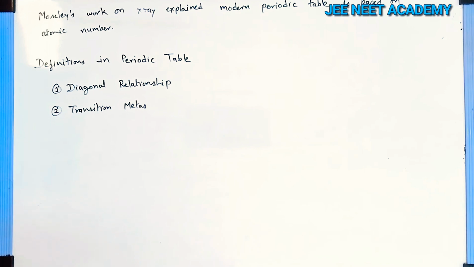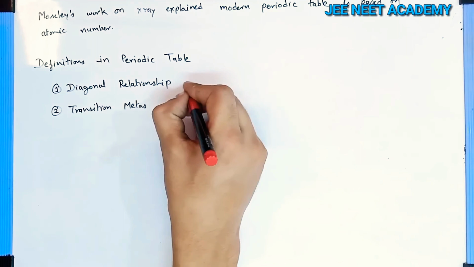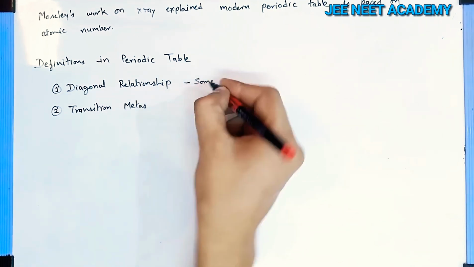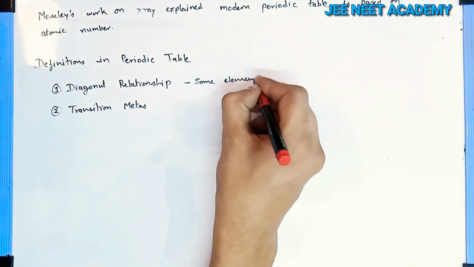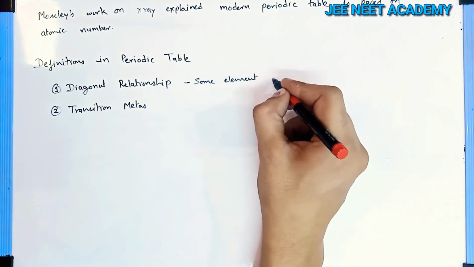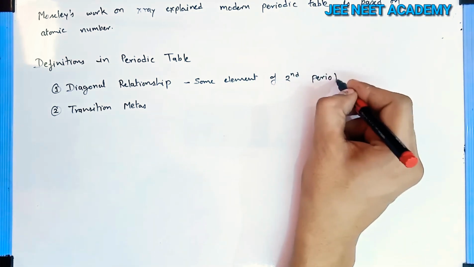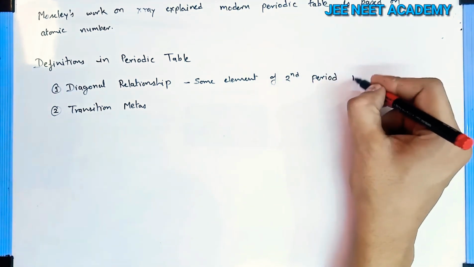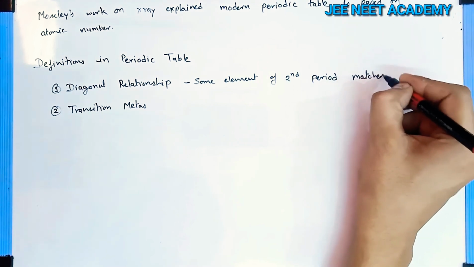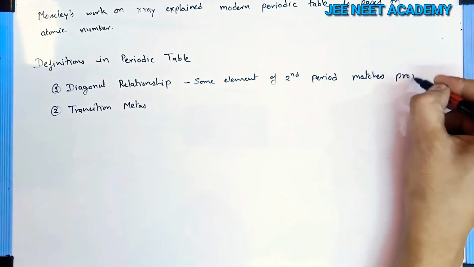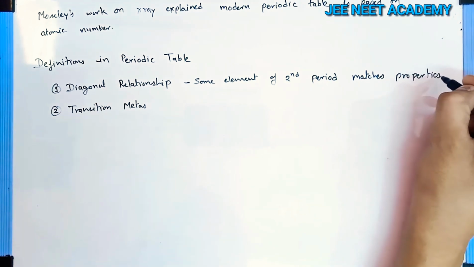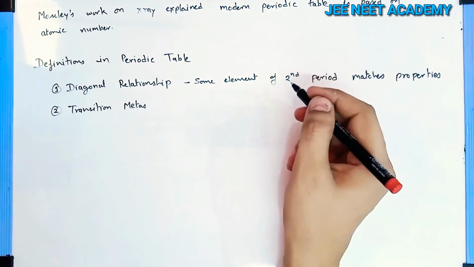For the diagonal relationship, some elements of the second period match properties with the third period's elements.